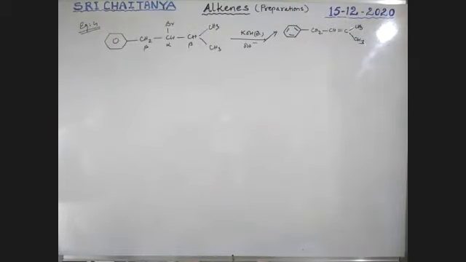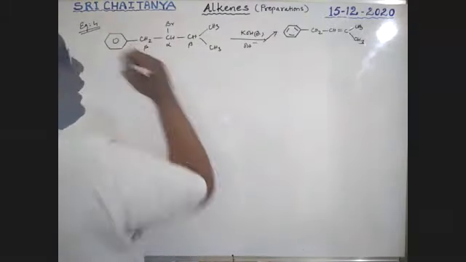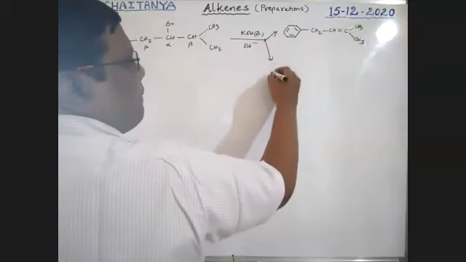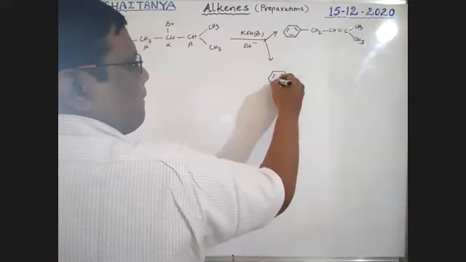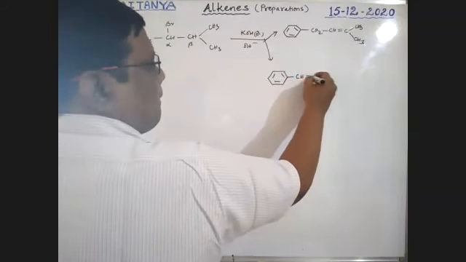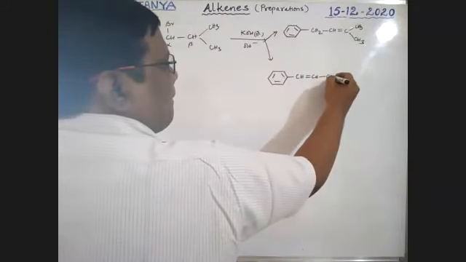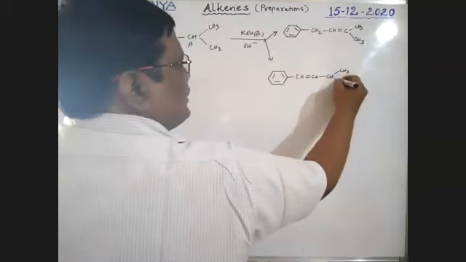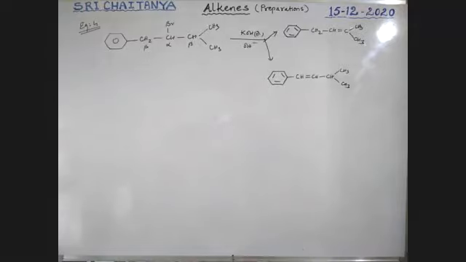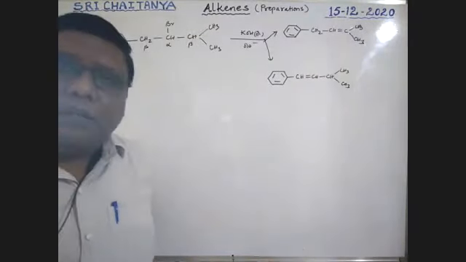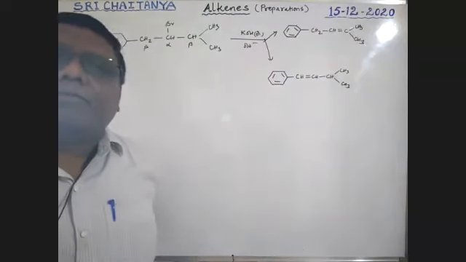Next, if this beta is used, this is the product, boys. These are the 2 possibilities. Among these two, which one is the major yield, and which one has lesser yield?